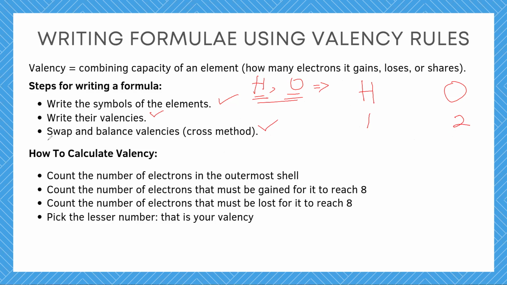And then step number 3 says swap and balance the valencies. So here is what it means to swap. I'm just simply going to draw an X to cross these two elements with the valencies. Did you see what I just did, Romario? So that means H is going to take the number 2, and O, where is the arrow pointing?